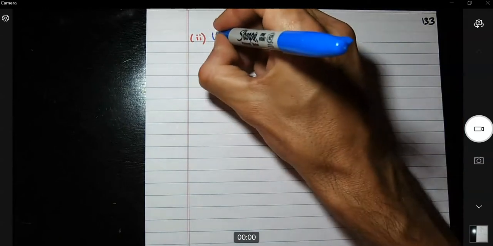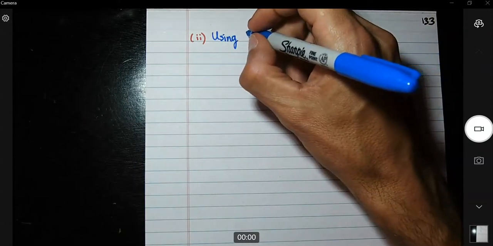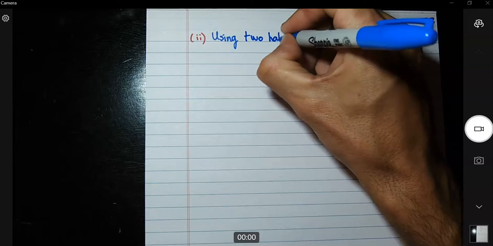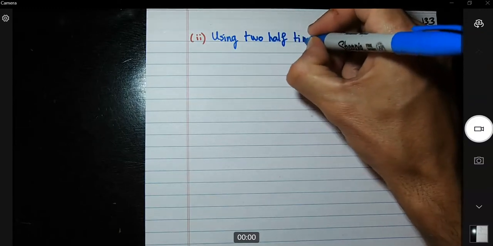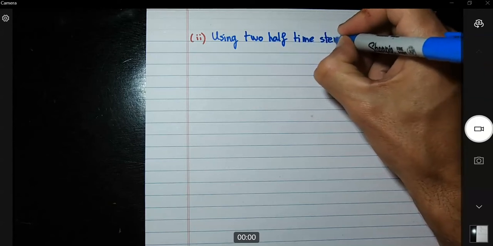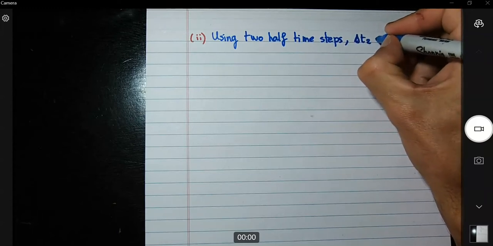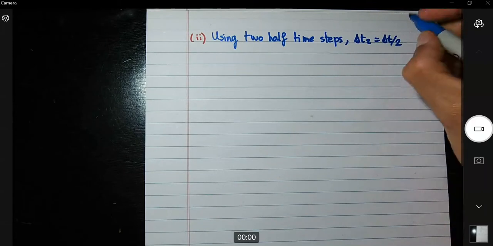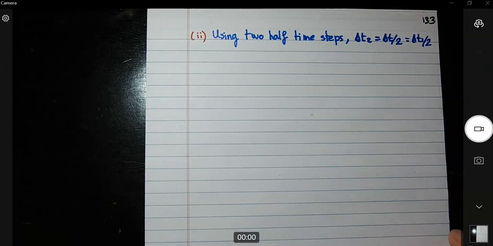So basically our second time step delta t2 will be delta t divided by 2, which is delta t1 divided by 2.